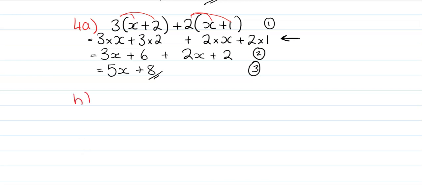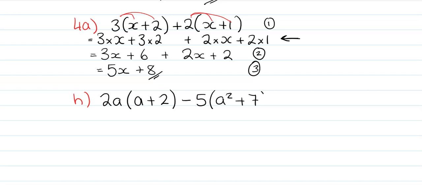Let's go H this time. 2a, a plus 2 minus 5, a squared plus 7. This time I'm going to drop the working out, and I'm going to do the bare minimum working. So you still need to be doing all of this working.